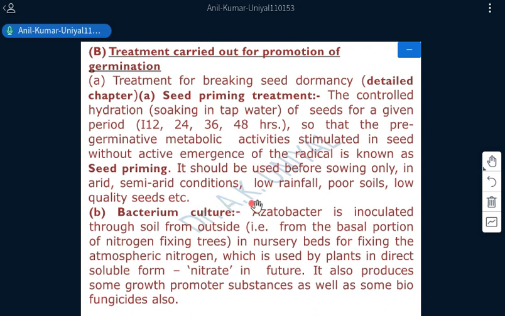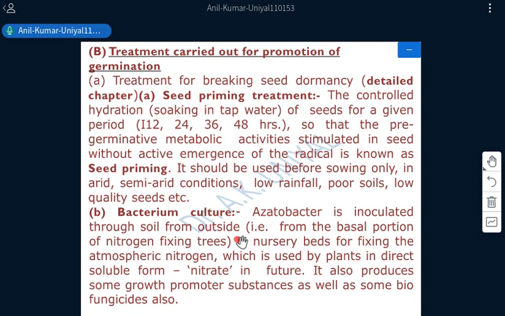Okay, then we have bacterium culture, and Azotobacter is the agent that is inoculated through soil from outside, from the natural condition of a forest or agriculture field where leguminous trees are growing.